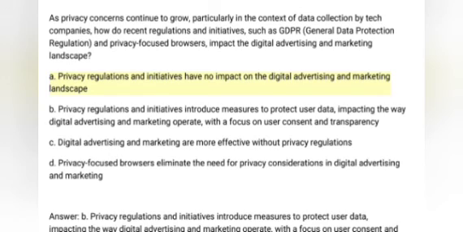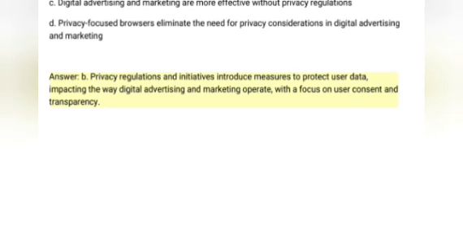B. Privacy regulations and initiatives introduce measures to protect user data, impacting the way digital advertising and marketing operate, with a focus on user consent and transparency. C. Digital advertising and marketing are more effective without privacy regulations. D. Privacy-focused browsers eliminate the need for privacy considerations in digital advertising and marketing. Answer. B. Privacy regulations and initiatives introduce measures to protect user data, impacting the way digital advertising and marketing operate, with a focus on user consent and transparency.